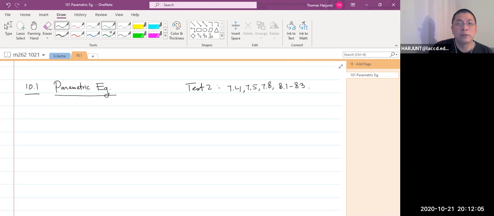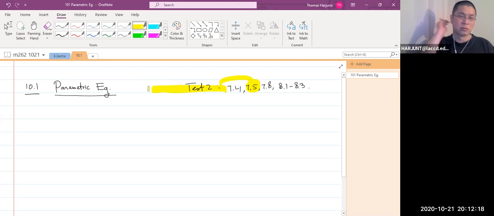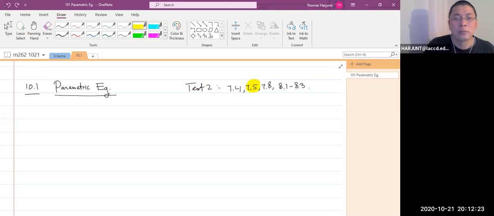Okay, the thing is, even though I say it only starts from 7.4, 7.5 is technique of integration as a summary. So you basically need to know all the integrals prior to 7.4 anyway. You need to know all the techniques of integration prior to test 1 anyway. Should not forget them. 8.1 to 8.3 is more into setting up the integral.